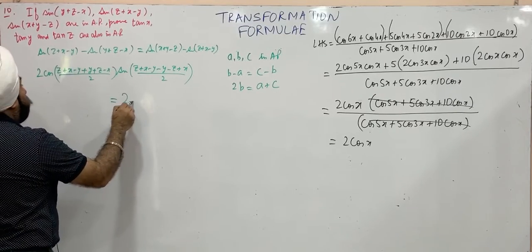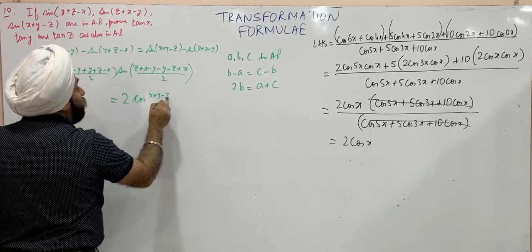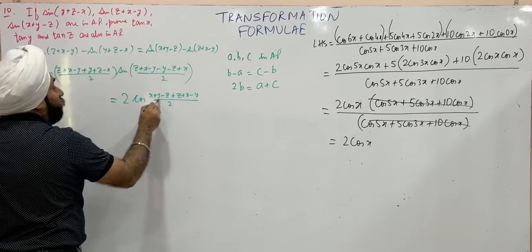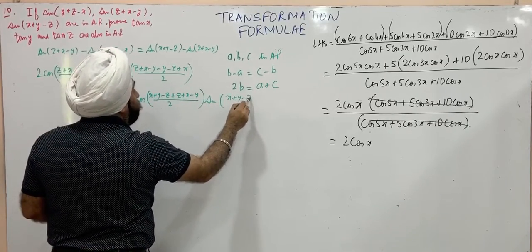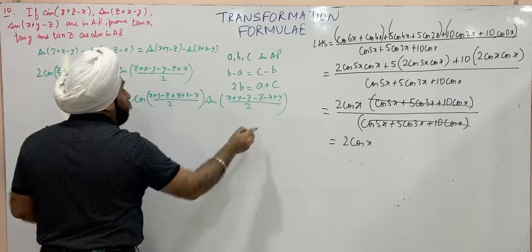This is 2 cos sum of angles, that's x plus y minus z plus x minus y upon 2, into sine of difference, x plus y minus z minus x plus y upon 2.